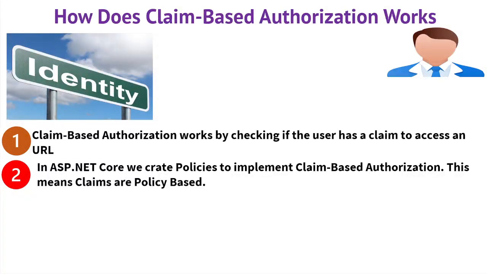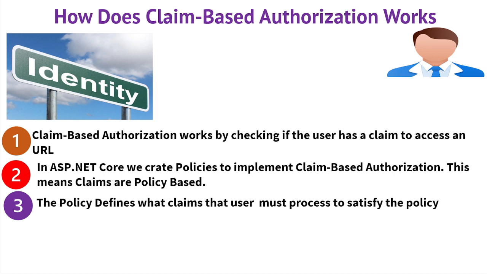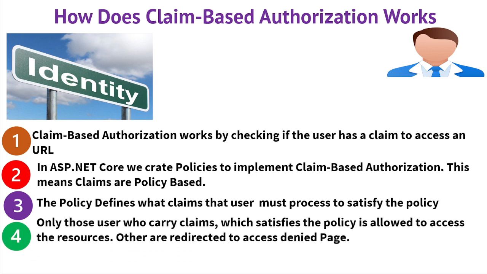This means claims are actually policy-based. The third item is the policy defines what claims a user must possess to satisfy the policy. The fourth item is only those users who carry claims which satisfy the policy are allowed to access the resources, or else are redirected to an access denied page.